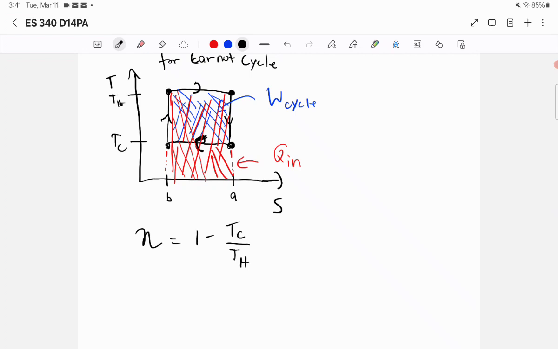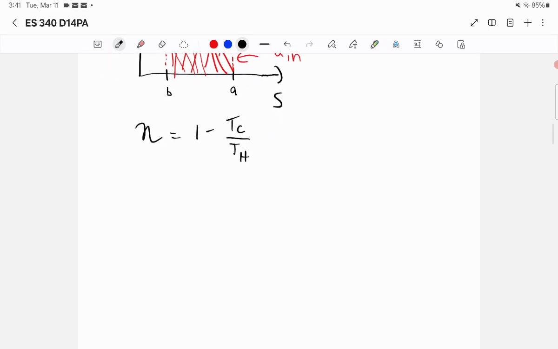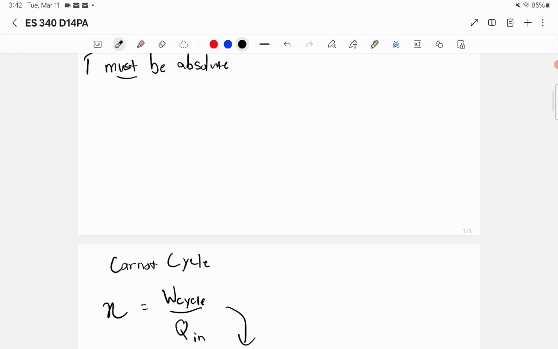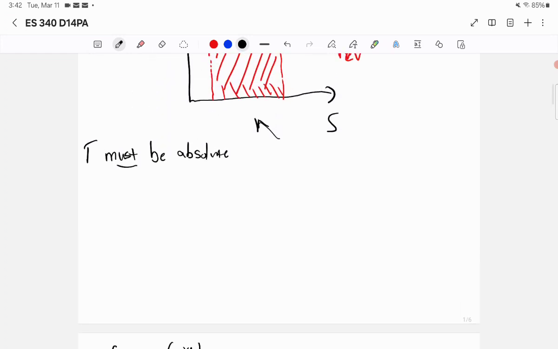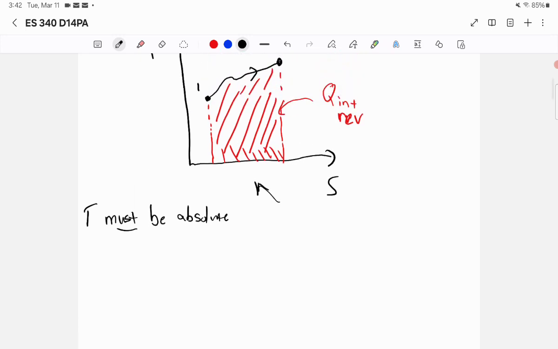Okay, so that's for an internally reversible cycle. Remember the Carnot cycle is a series of internally reversible processes, so I'm going to call that an internally reversible cycle.